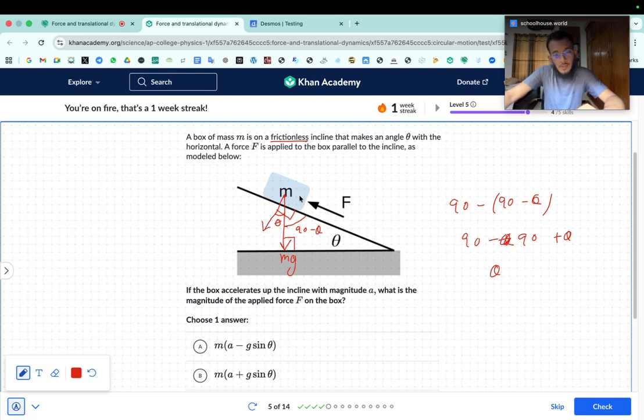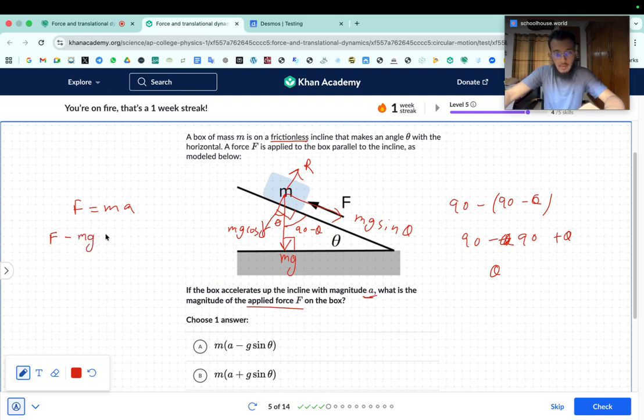So if we resolve this into these two components, we get mg sine theta, and here we get mg cos theta. And we have the normal reaction force, R, equaling this thing. If the box accelerates up the incline with magnitude a, what is the magnitude of the applied force? So the resultant force equals mass times acceleration. The resultant force is upward, so F must be greater. So F minus the portion of weight that is resisting the motion.